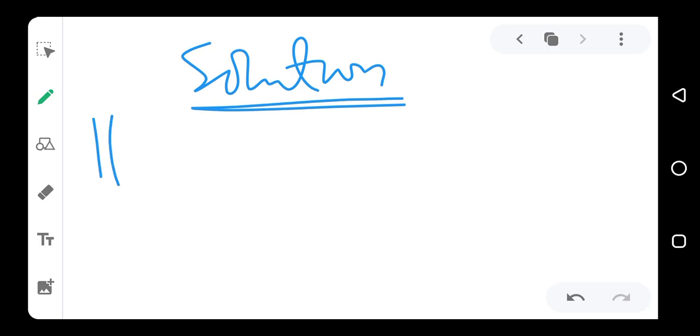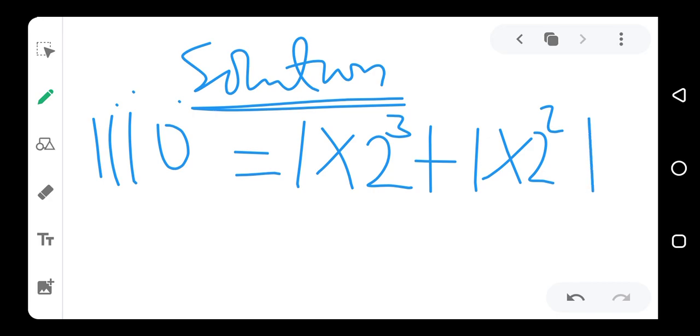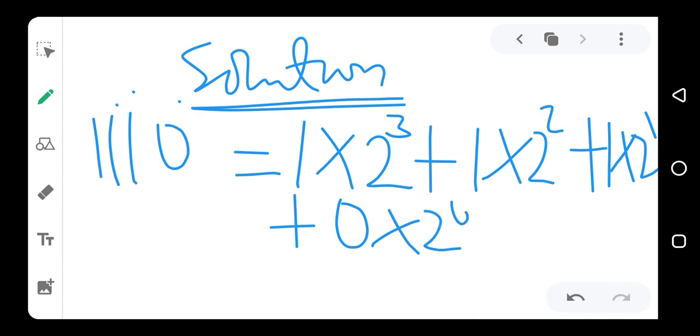1110 to base 10 is going to give us 1 times 2 raised to power 3, plus 1 times 2 raised to power 2, plus 1 times 2 raised to power 1, plus 0 times 2 raised to power 0.